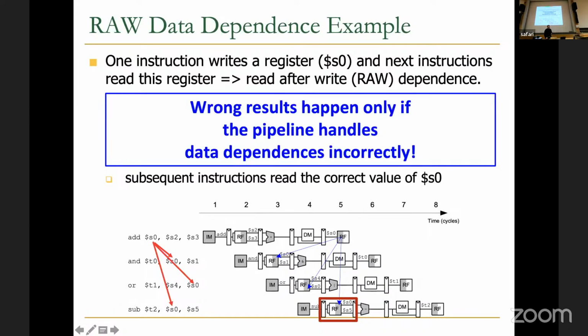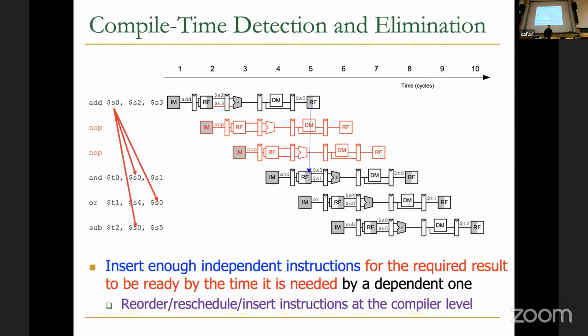So we make sure that we are not doing the wrong thing. These no operations are costly because you are just waiting and not doing useful stuff, since a no operation is in the end no operation. It's not going to advance the execution of your program.